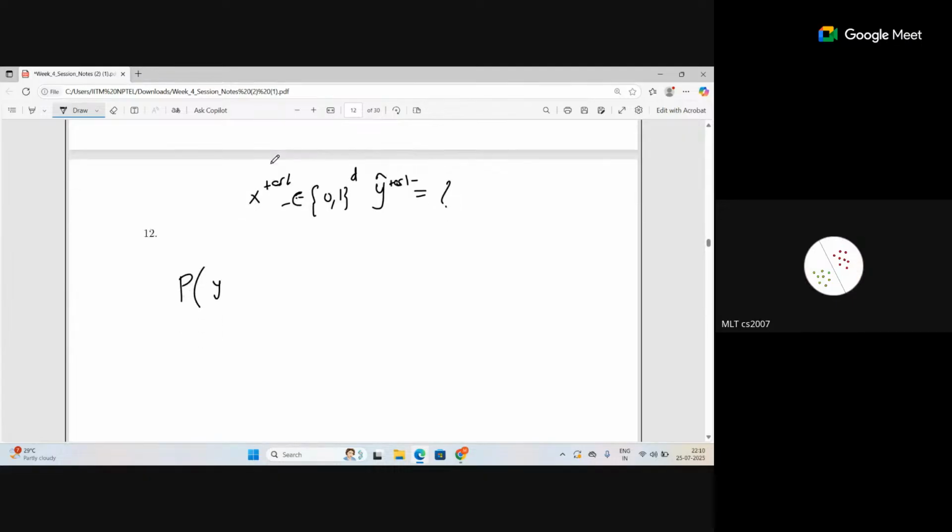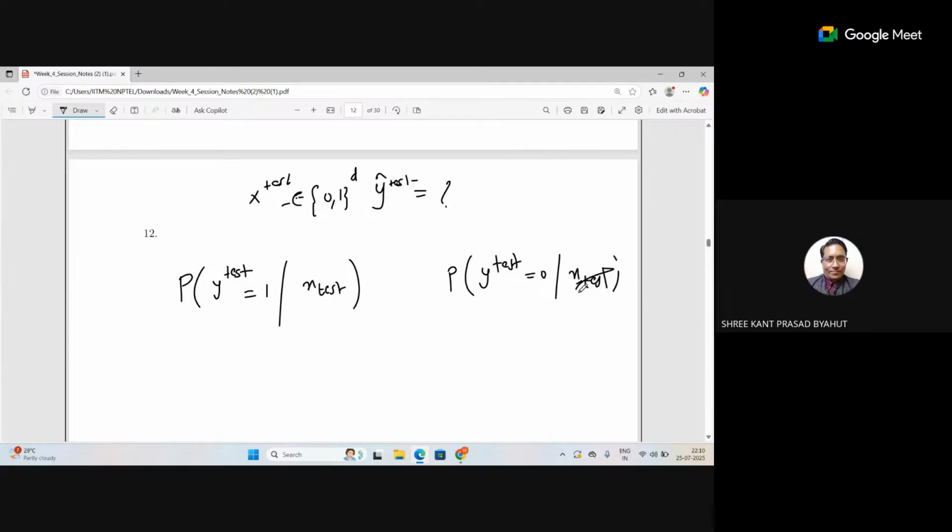So now here, I need to find out the probability of Y test equal to 1 given X test. The test prediction also will have only two classes, right? And we have to find out the probability of Y test equal to 0 given X test, and check whether the first is greater or not.